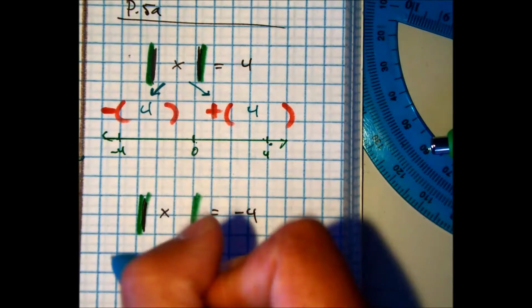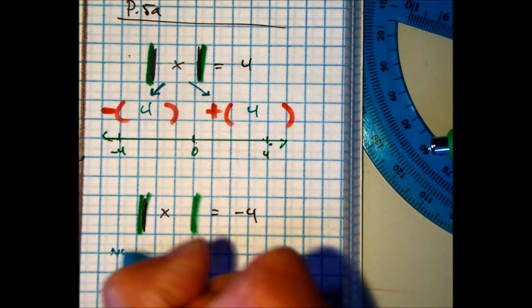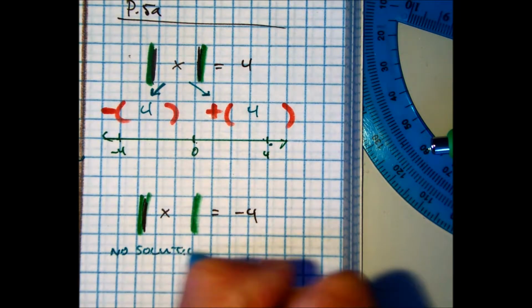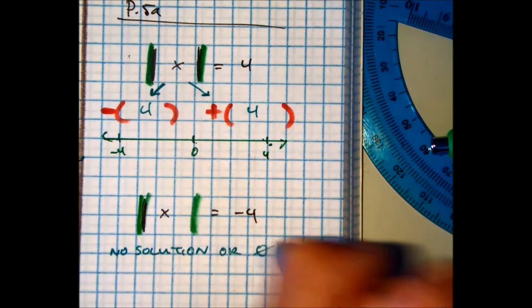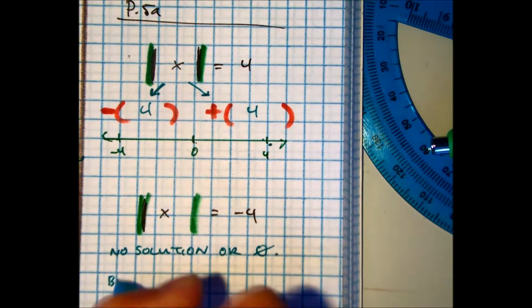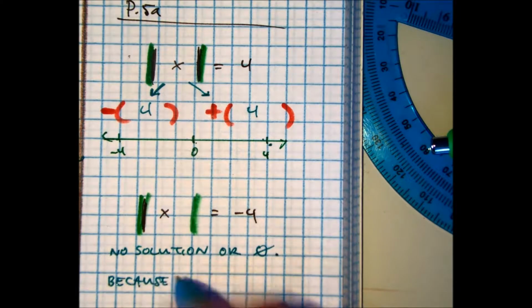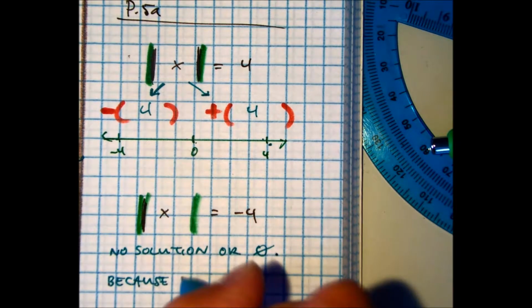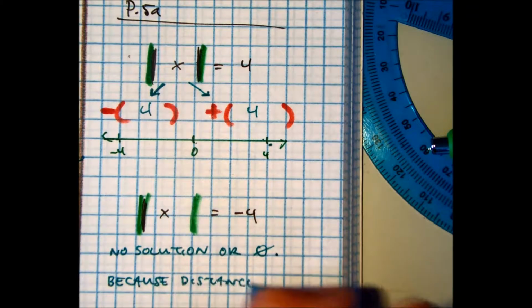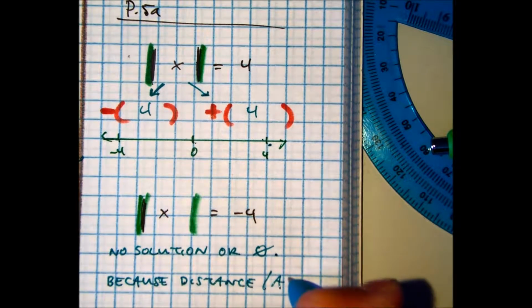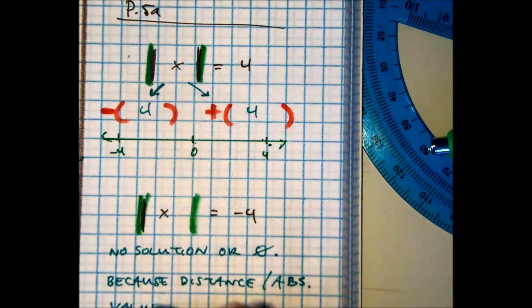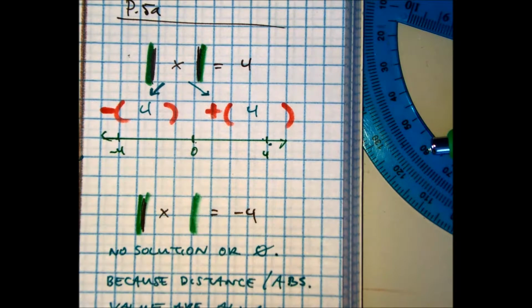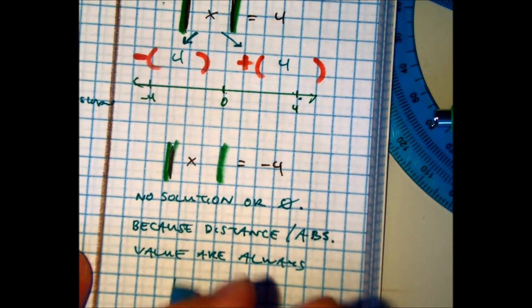No. So we can say no solution, or an empty set, because distance or absolute values, abs value, are always what? Positive.